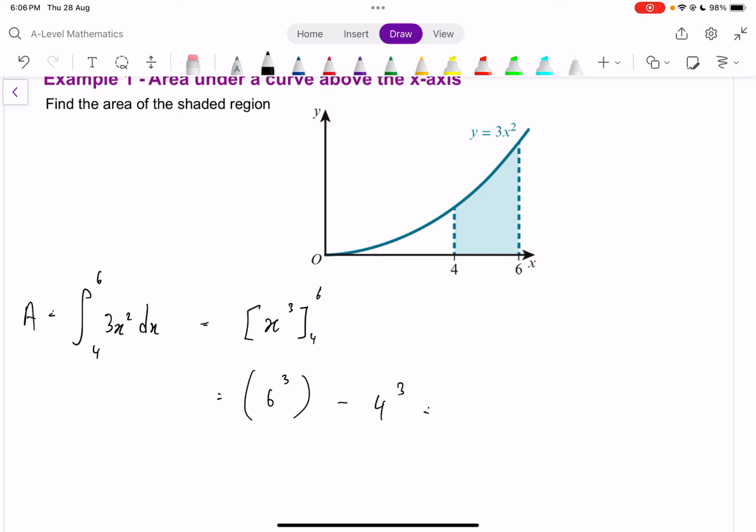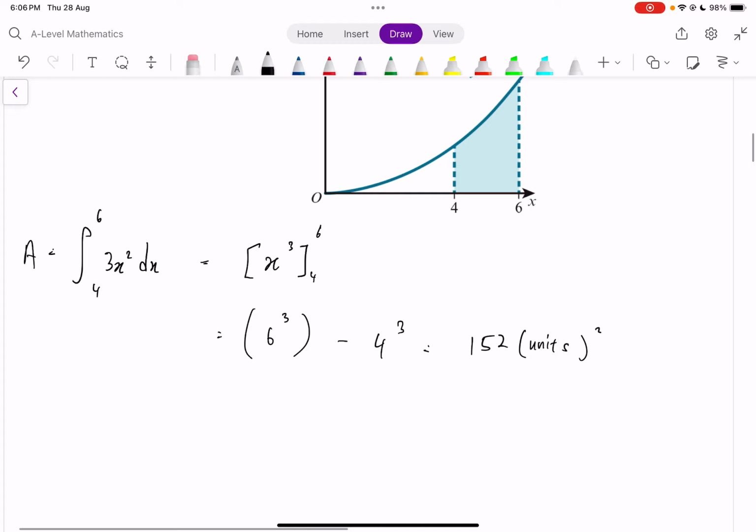Type in the calculator, 我们会得到的是152. Now, 它这里没有写什么 unit 之类的。But ideally 我们通常都会写一个叫做 units square。Okay, to define that this is an area, but it's not necessary, just for information.